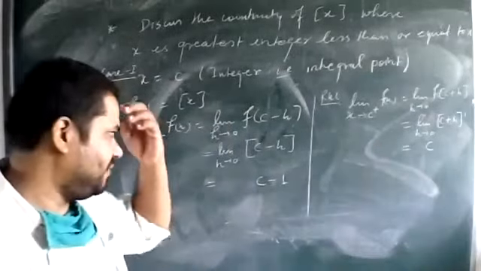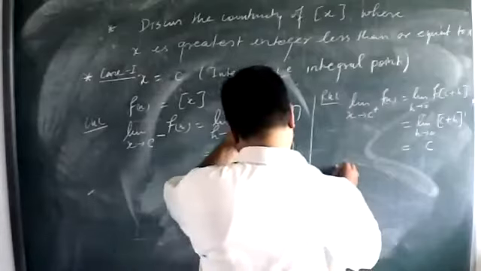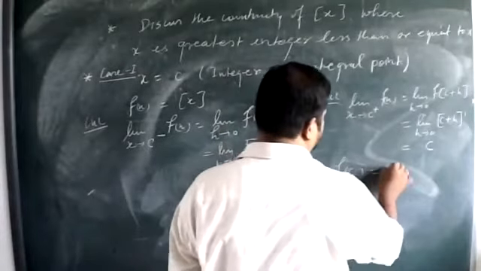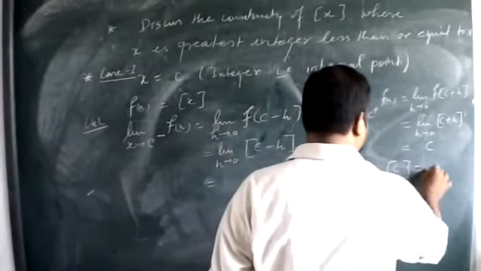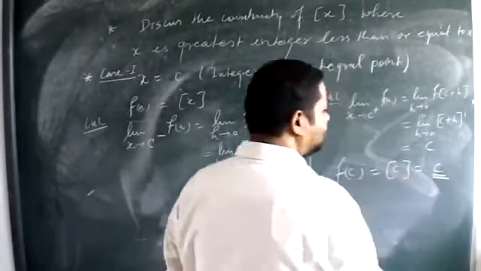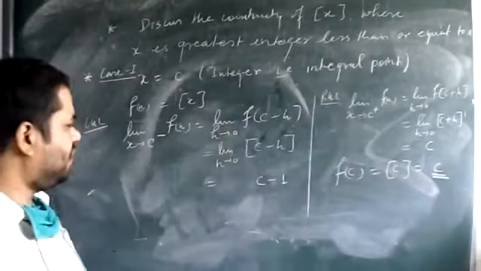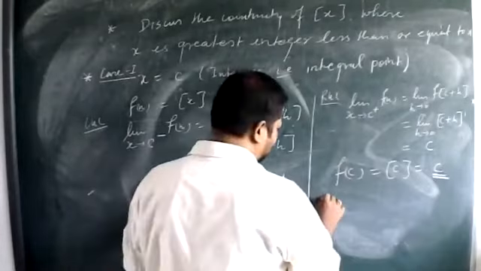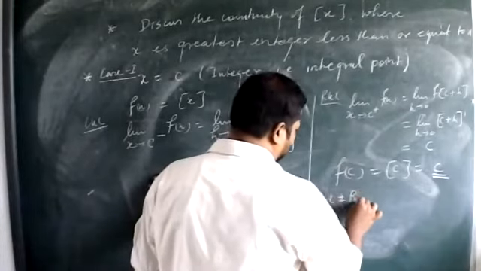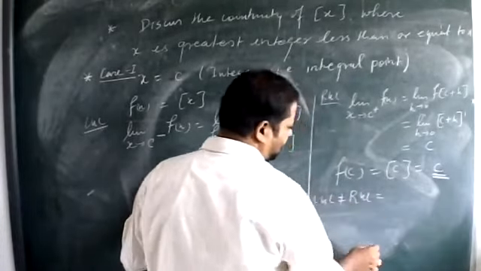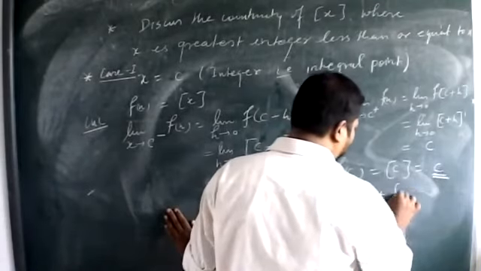Okay. And what is the value of the function? Value of function f(c), bracket c. Being c is integral, this is also c. So what do you see here? LHL does not equal RHL, does not equal the value of function.